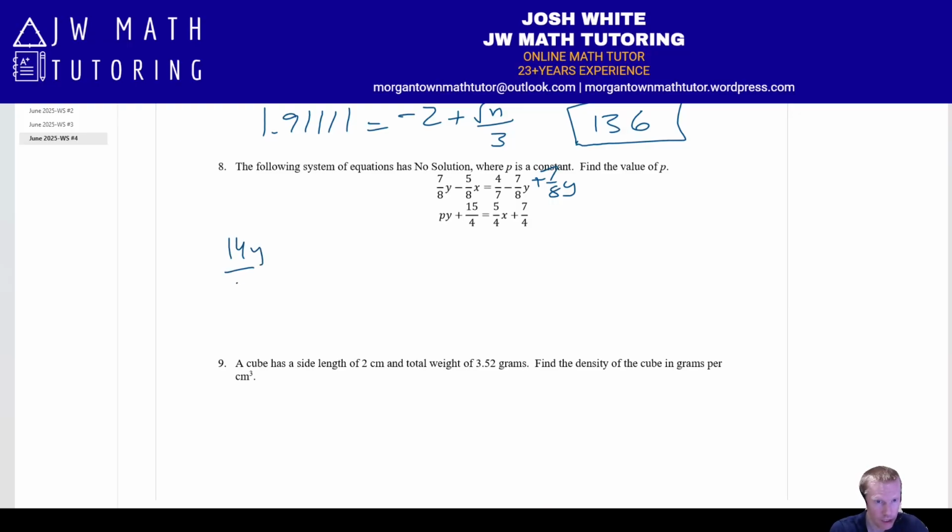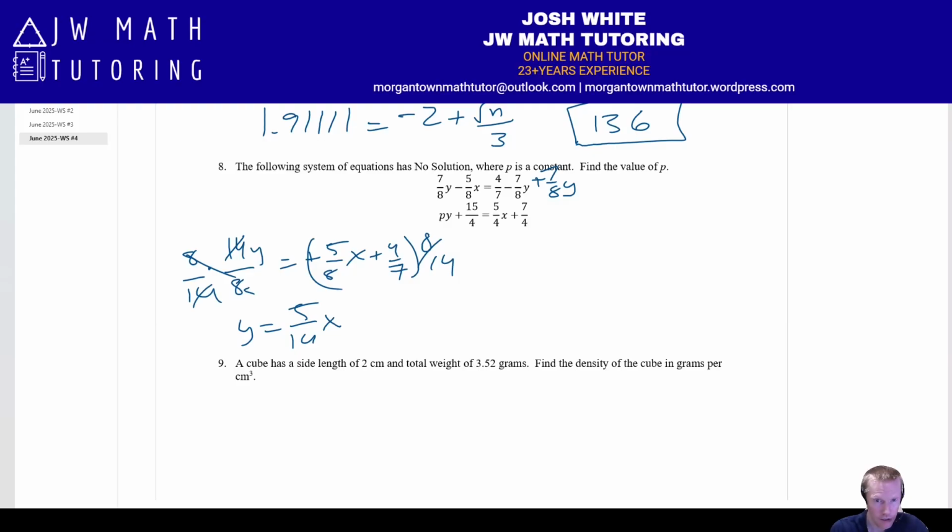So you get 14y over 8, and then adding 5/8 x to both sides to move that over. And then I would go ahead and multiply by 8 over 14. Cancels everything out. And we're going to get 5/14 x.